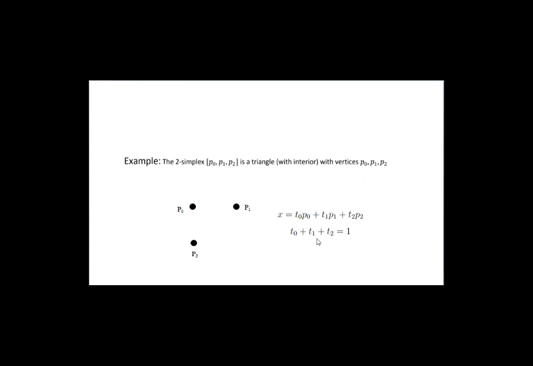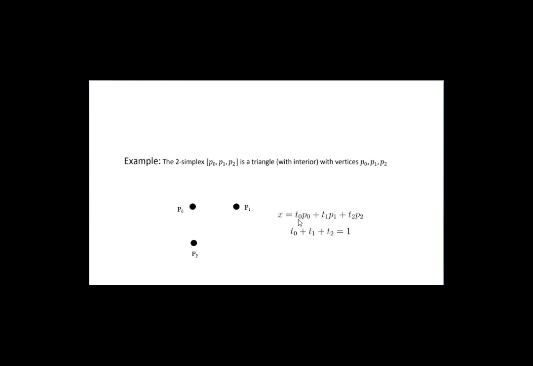So consider t2 equals 0, then again it becomes the case of one line that starts from p naught and ends at p1, and if I take t1 equal to 0, then it will again make the same case that we have discussed in the one simplex case. So it represents a line that starts from p naught and ends at p2.